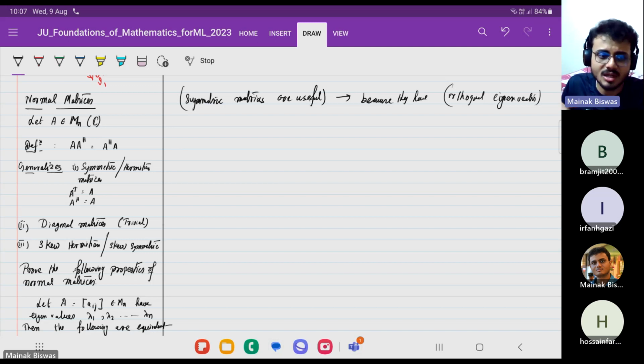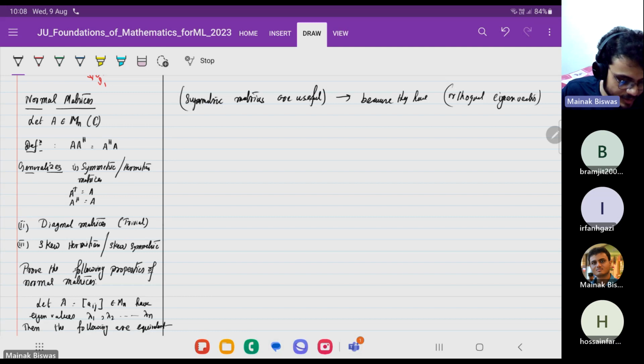Are you able to link all the things together? Because once we have orthogonal components, what is the use of it? If you have orthogonal components, you can easily factorize them into eigenvalues and eigenvectors, which will help in applications like PCA, which I'll be showing you in a while. Let's see.